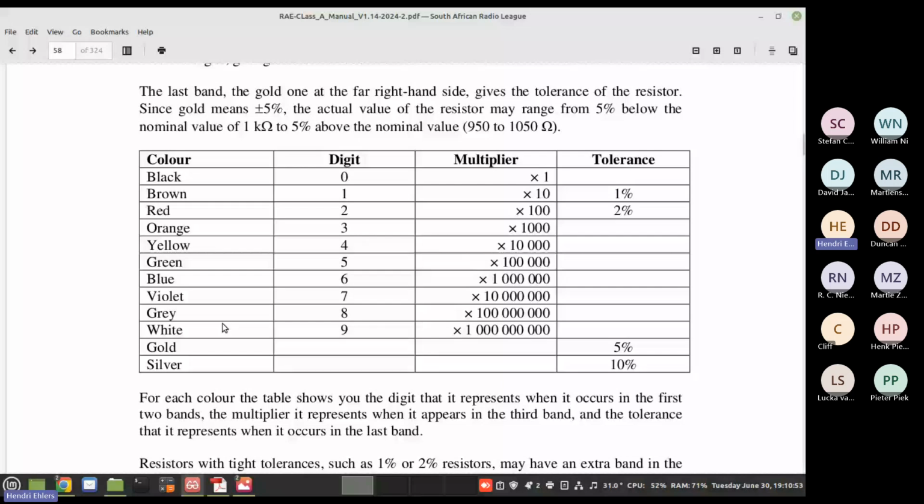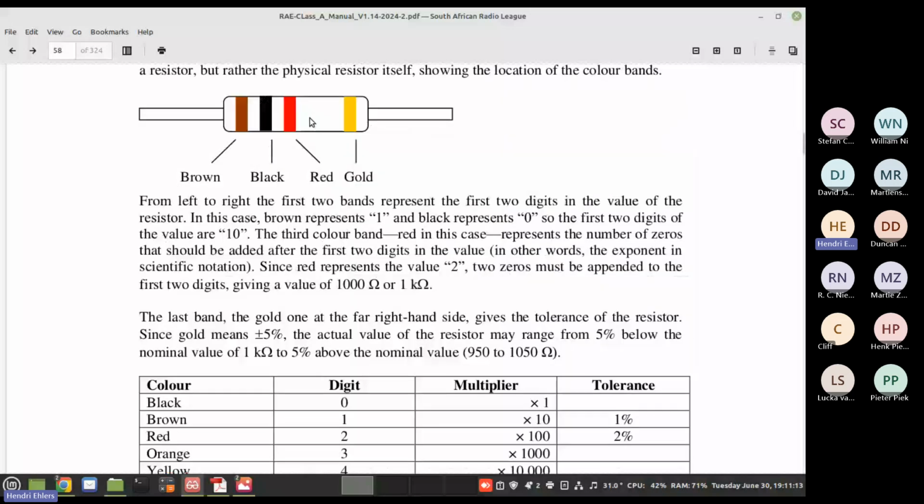So that's how I remember the color codes. And then, of course, each color is associated with a number from 0 to 9. And then your third color on the line is your multiplier, and in this case it was red, which is 2, so we'll add 2 zeros onto the end.